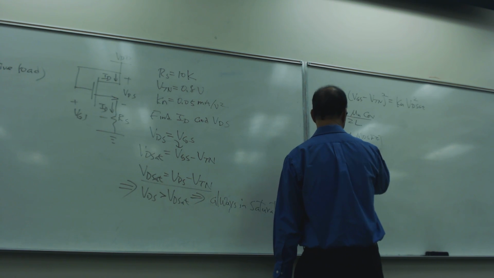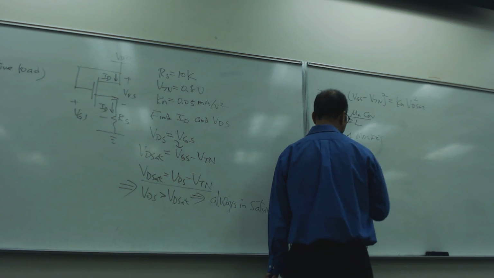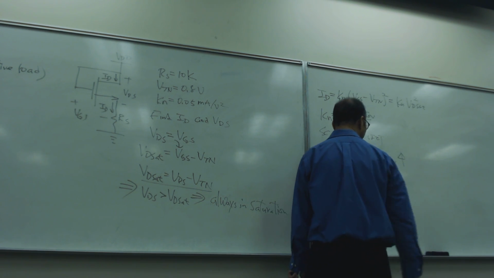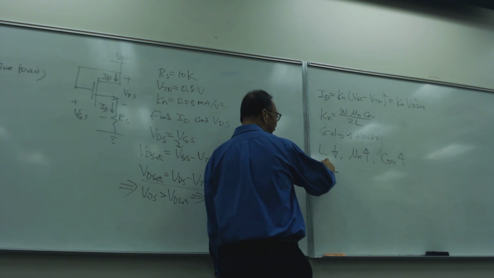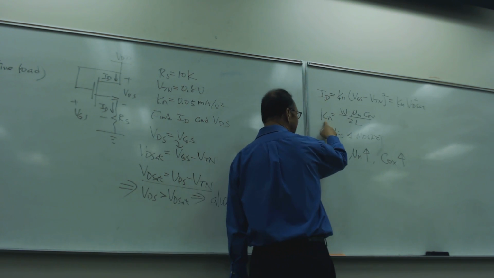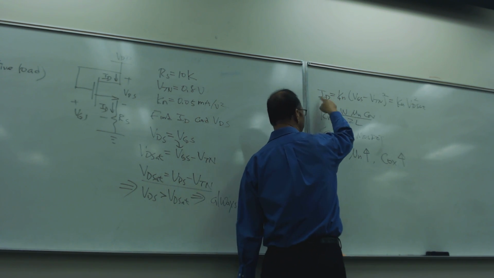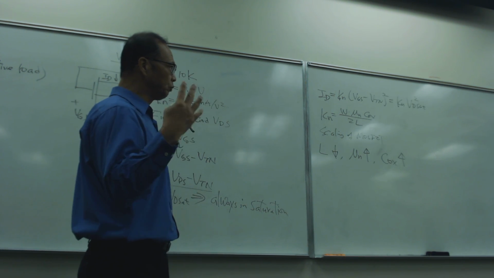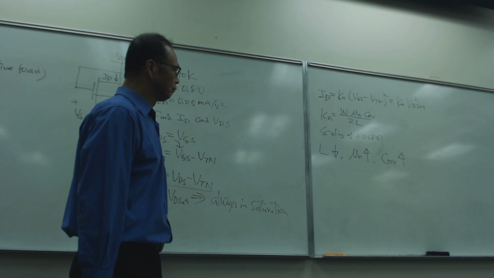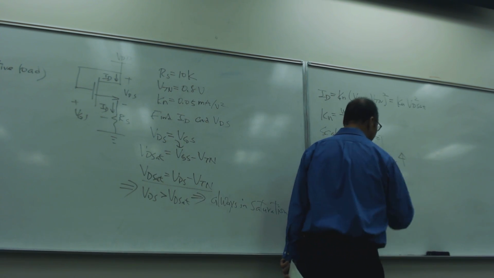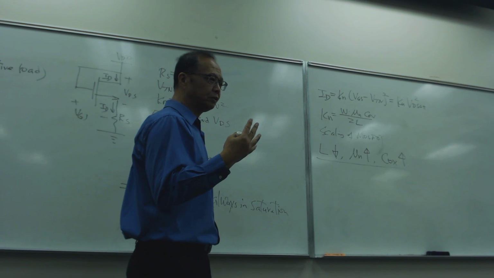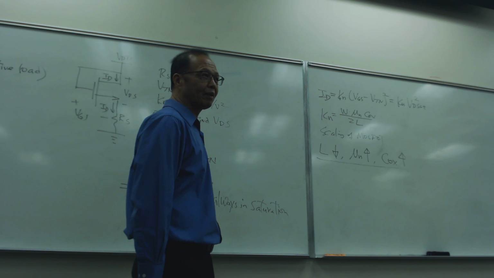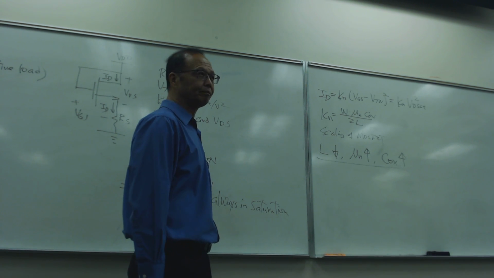You increase mu n, you increase C oxide, because by doing that, you can increase Kn. If you increase Kn, you can increase what? Drain current. You want the drain current to be as large as possible. So that, in a nutshell, tells you what is going on in the past 30 years in the MOSFET technology.